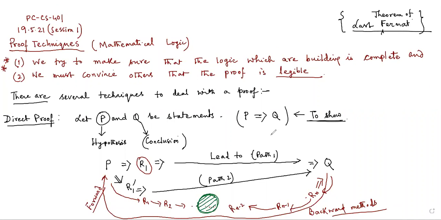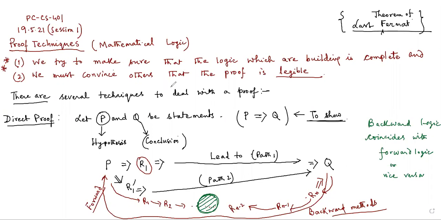And if this happens, if your backward logic coincides with your forward logic, or vice versa, then you will conclude that yes, for that particular problem, you will be able to build a direct proof.